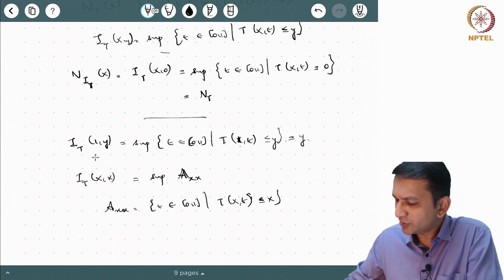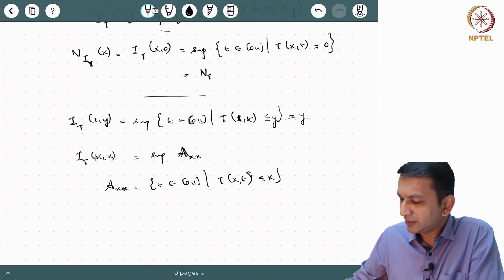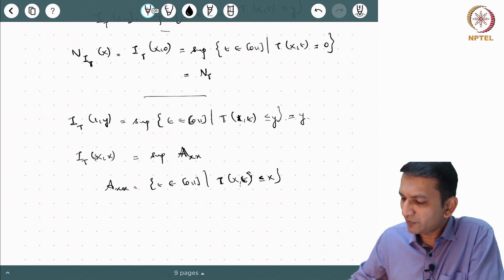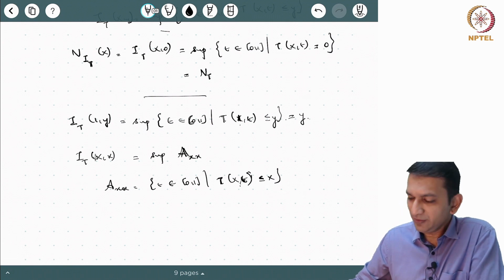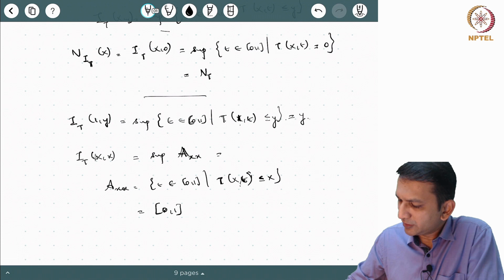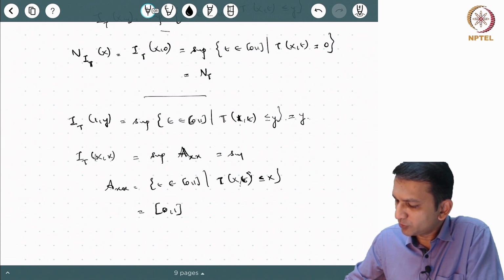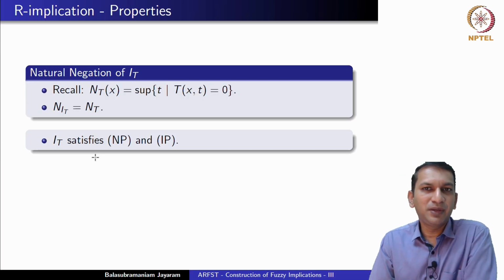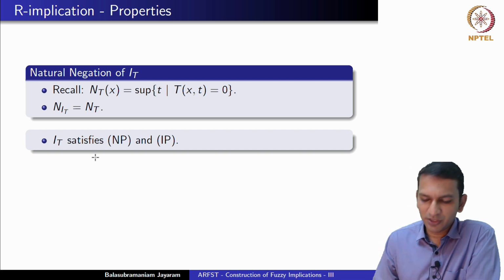Once again, making use of the fact that 1 is the neutral element of a T norm, we have seen earlier too that the maximum value that t can go up to is 1. So this is actually equal to [0, 1], and when talking about the supremum, it is the supremum of [0, 1] and it is equal to 1. From these two, it is very clear that any R implication satisfies both the neutrality property and the identity principle.